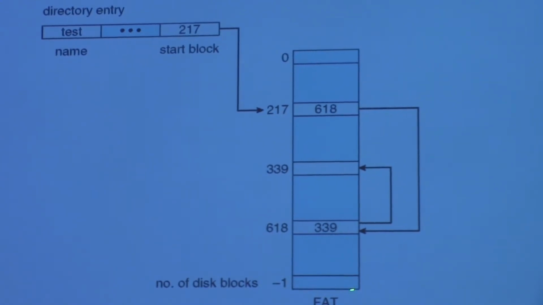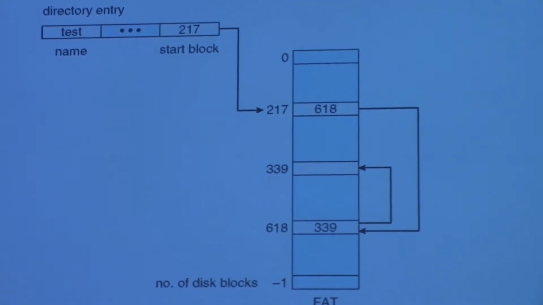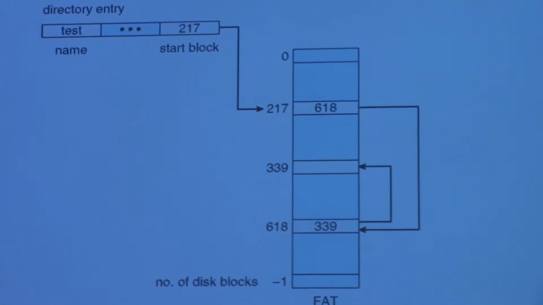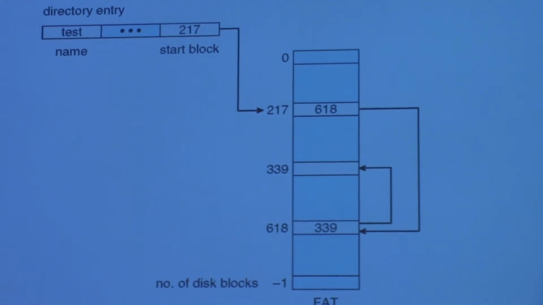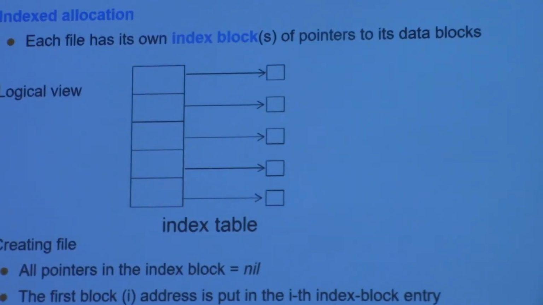That is FAT, used in the Windows file system. Because of this reason, the old version of the file system in Windows suffered from fragmentation, so they provided a defragmentation compaction solution.